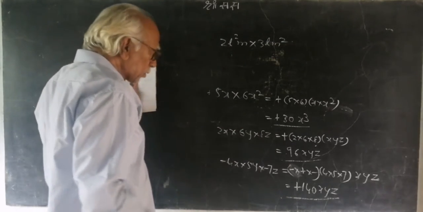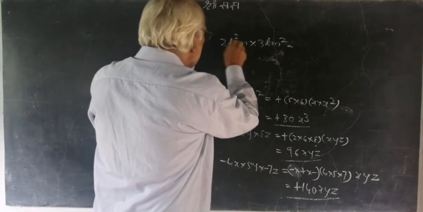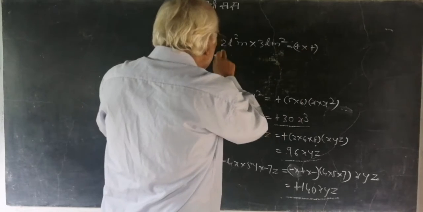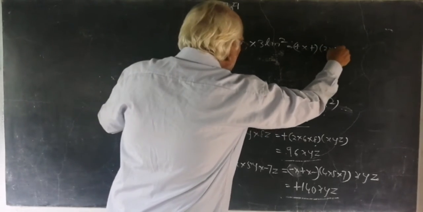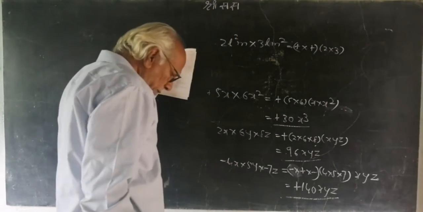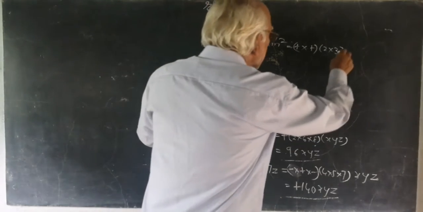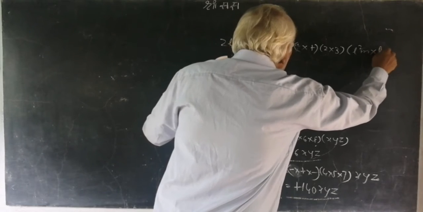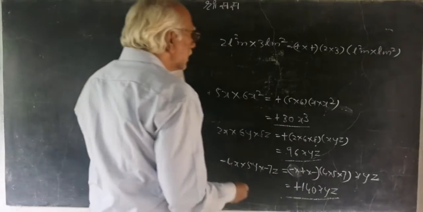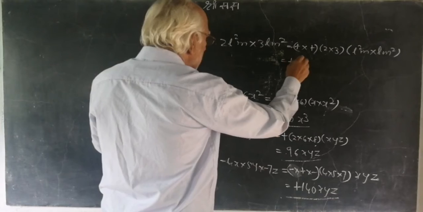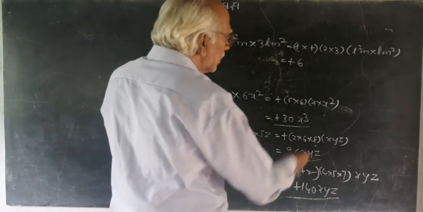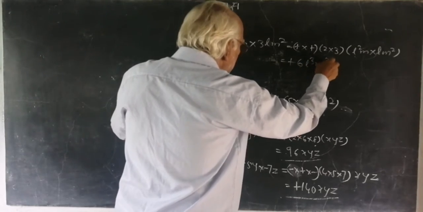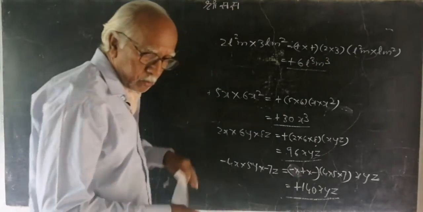Again here both will carry the same sign, that is plus into plus, then 2 into 3, then l square m into l m square. Plus into plus is plus, 2 into 3 is 6. l square into l is l cube, m into m square is m cube.